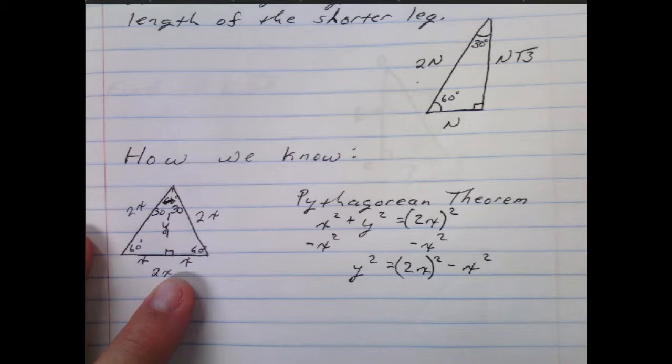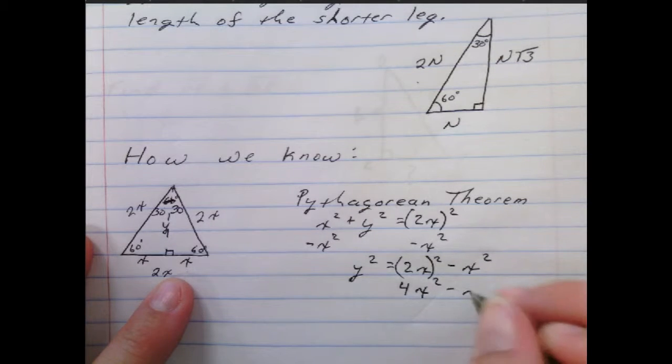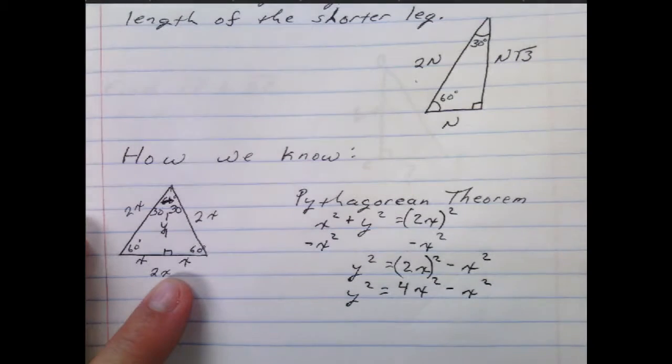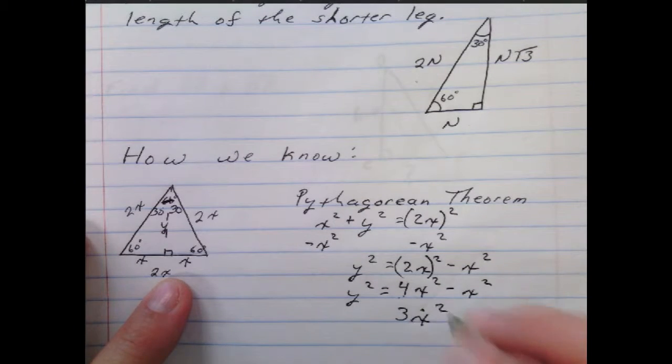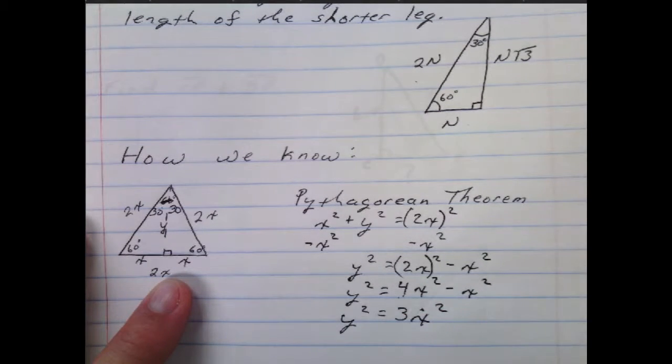We have 2x times 2x, we get 4x squared minus x squared. So then what do we end up with here? Well, 4x squared minus an x squared would be 3x squared. So y squared equals 3x squared.